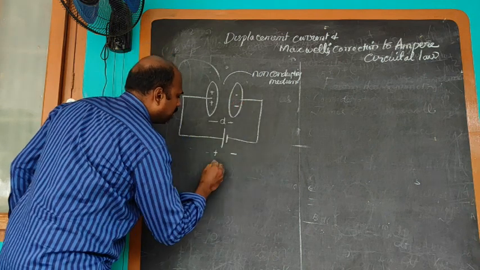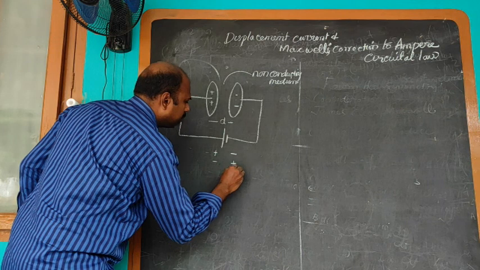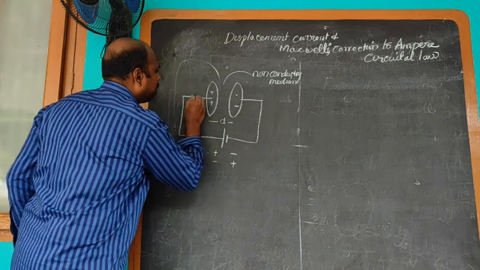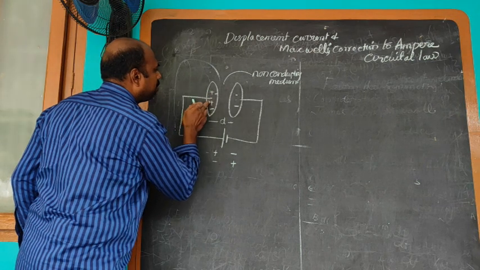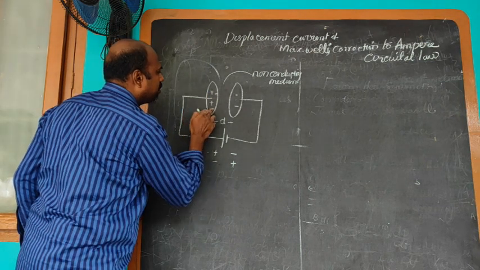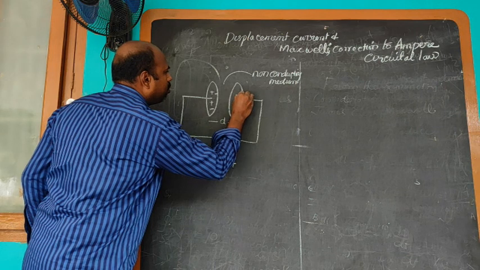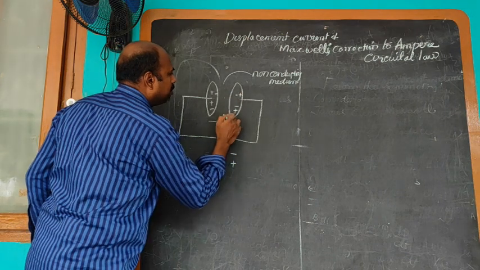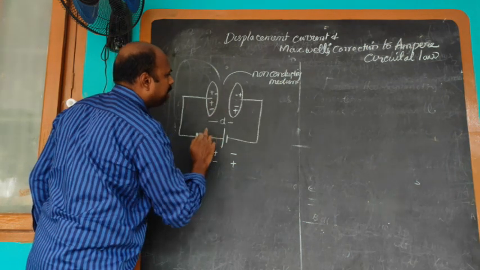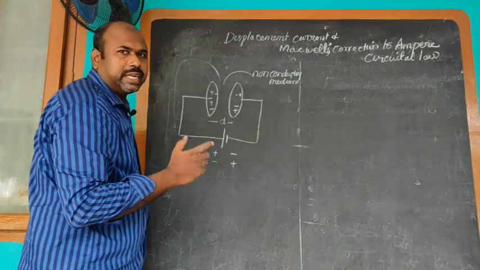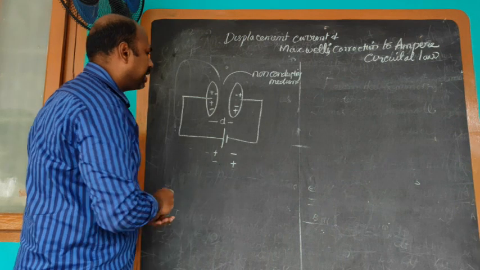In the other cycle, this is minus and this one is plus. Minus charges come and grow into this plate. The previous plus charges are cancelled by these minus charges. Here also plus charges will be cancelled by the minus charges. That is why we can't charge a parallel plate capacitor using AC current. That is why we are using DC current here.